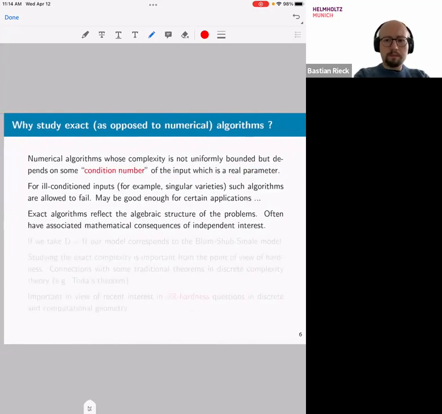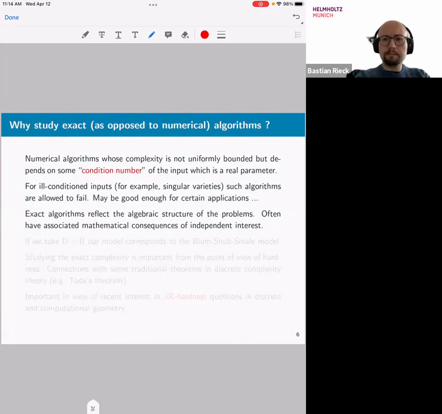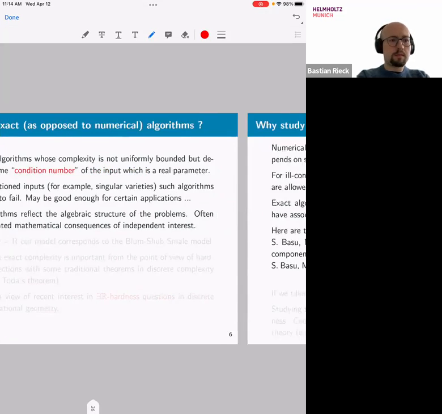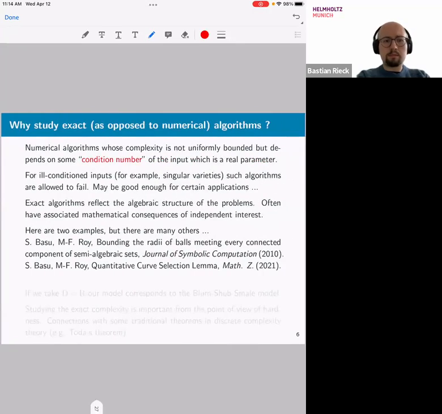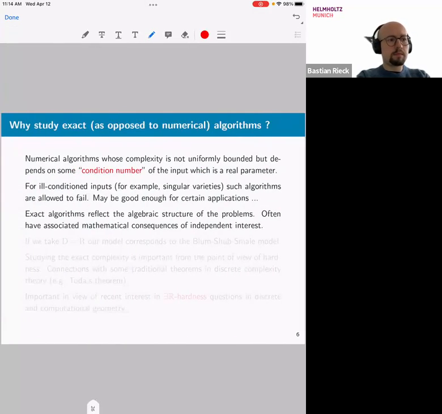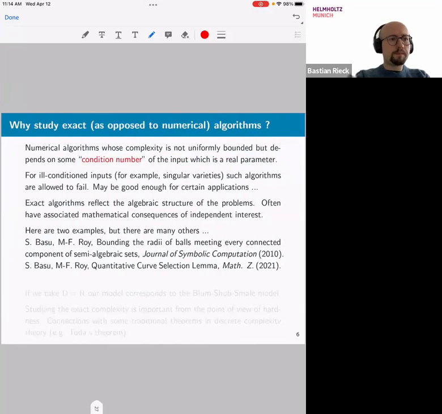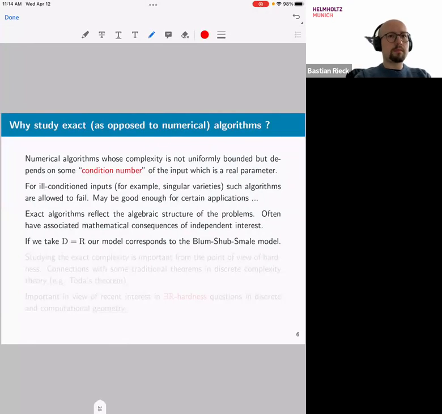On the other hand, exact algorithms reflect more the algebraic structure of the problems. The algorithms which depend on condition number will not see or deal with singularities, for example. And if we take this domain D to be R, then our model corresponds to the Blum-Shub-Smale model of computation.